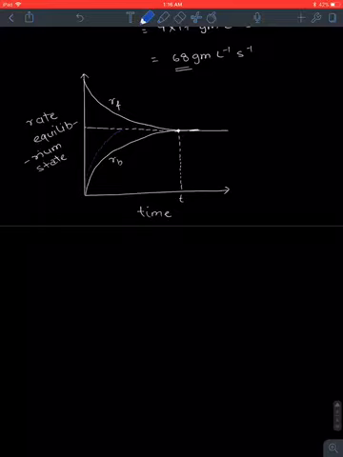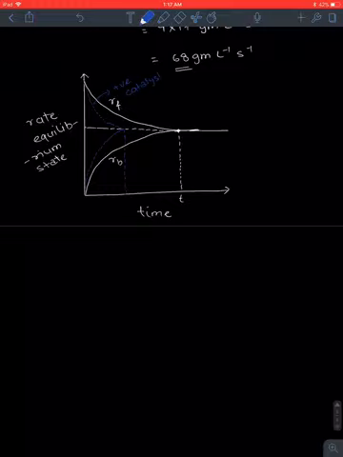An important point is that the decrease in the rate of reaction will be observed for both forward and backward reaction. And the very important point is that the equilibrium state is not affected, means it will remain as it is.